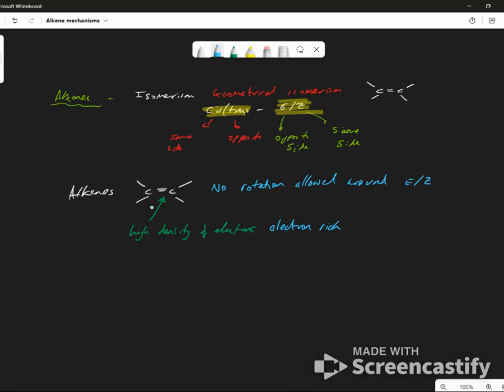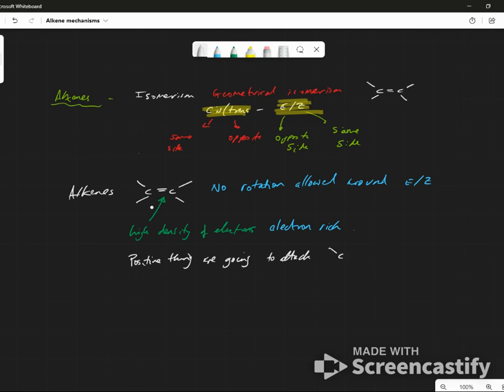It is electron rich. Okay, and that means things are going to attack this that want electrons. So what's going to attack a high density of electrons? Well, positive things. Positive things are going to attack my double bonds.